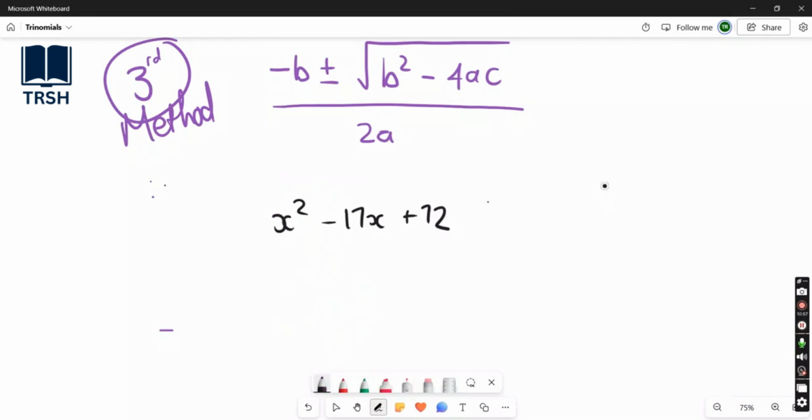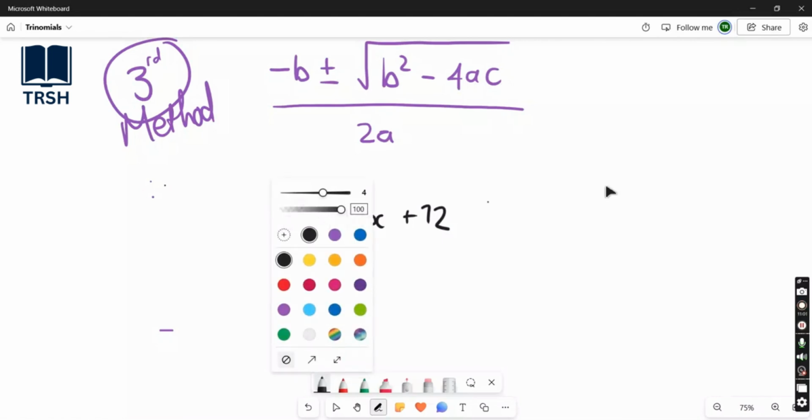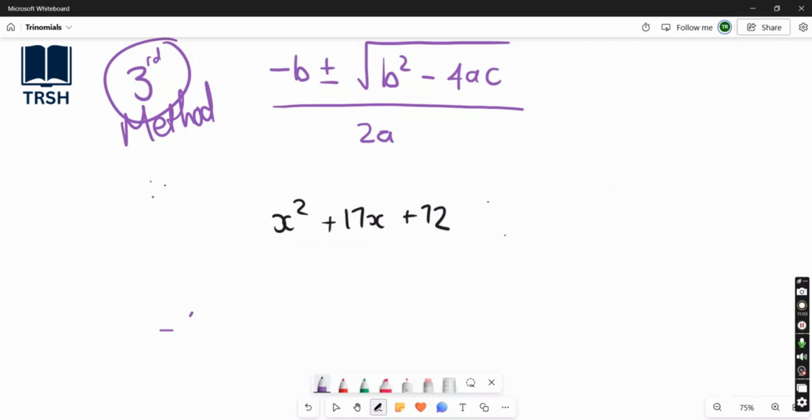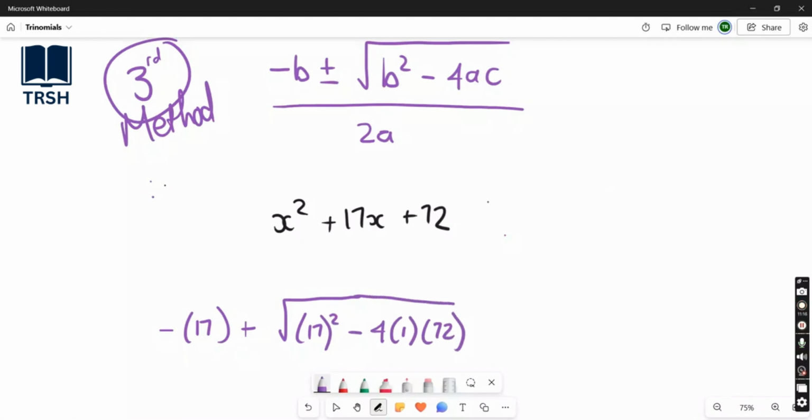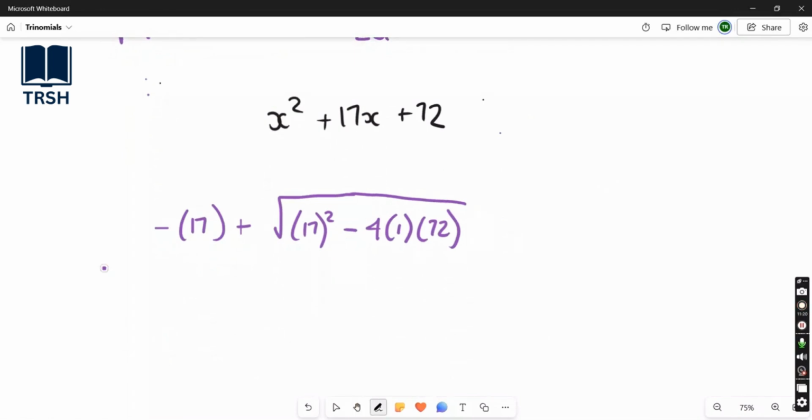Our b value is 17, so we're going to have negative 17 plus the square root of 17 squared minus 4, where a is 1 and c is 72, and then we're going to divide by 2a.